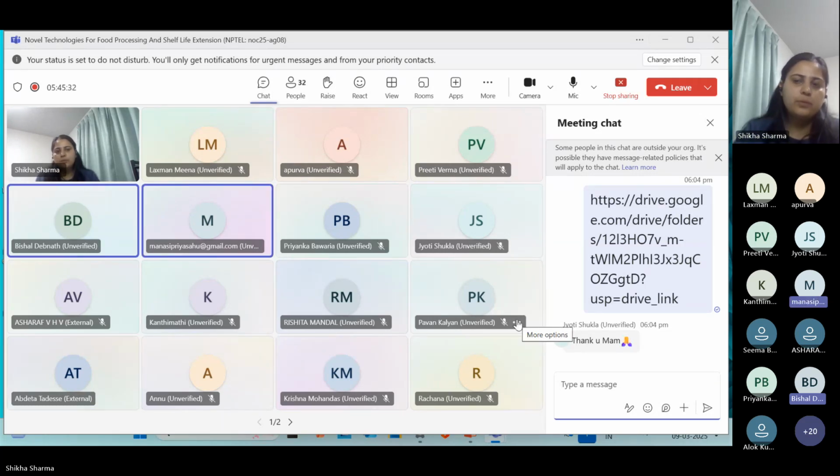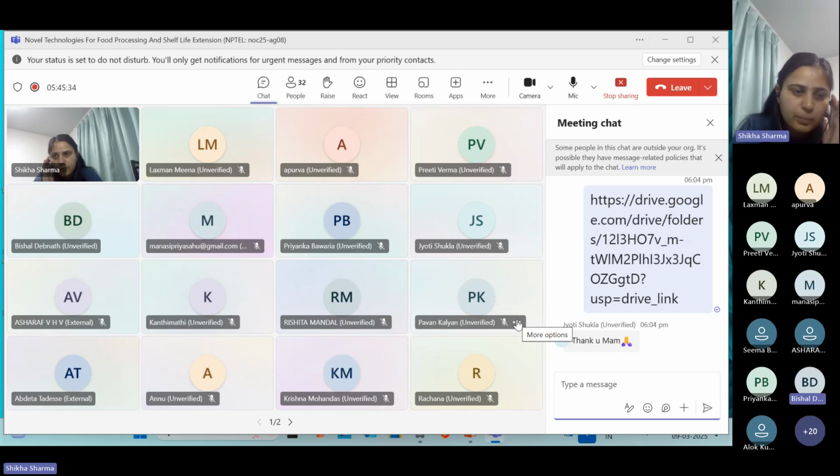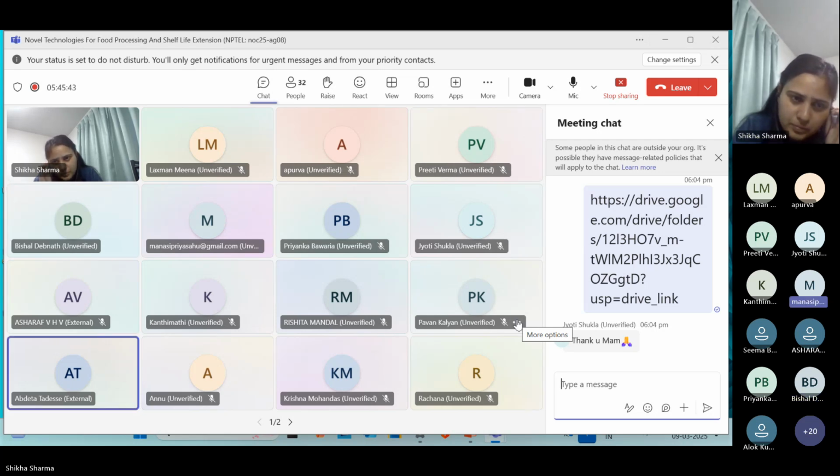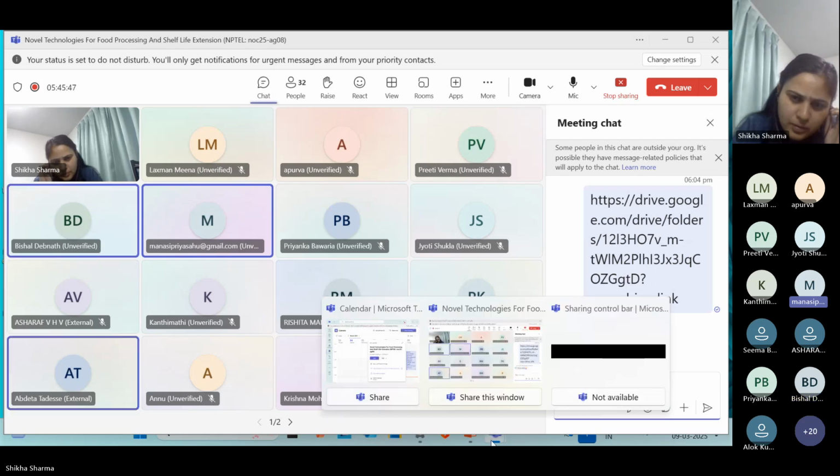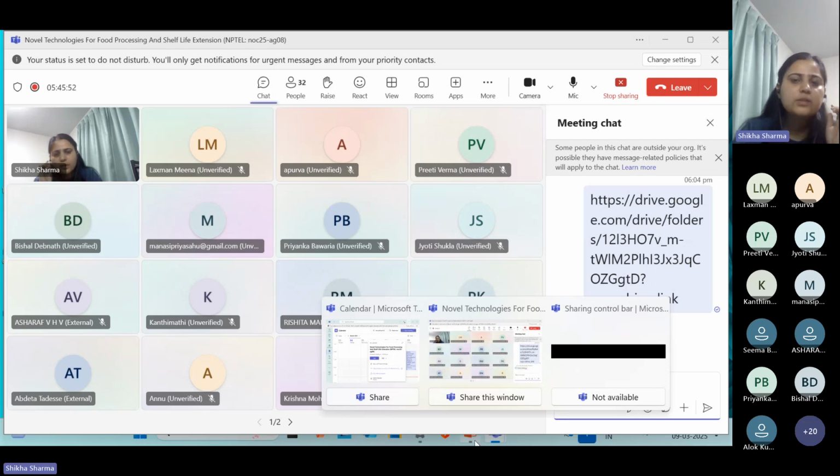What is K232 value, ma'am? Can you repeat? I'm not able to hear you. K232 value. It's given something like K232 value increases with increase in temperature. Where is it?